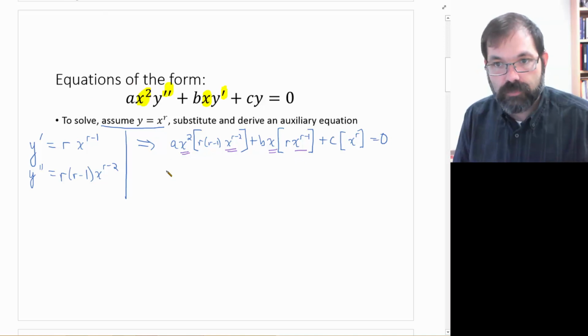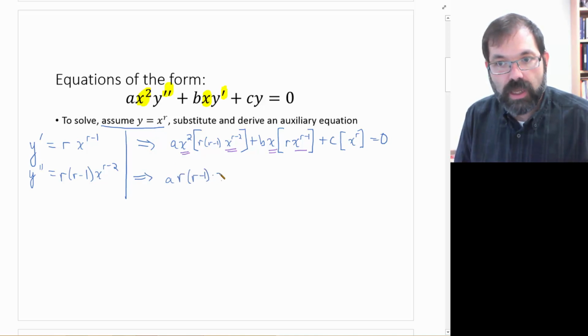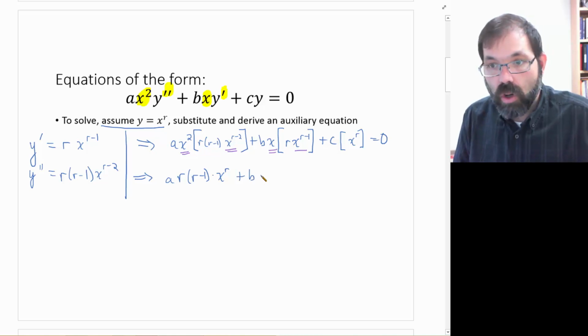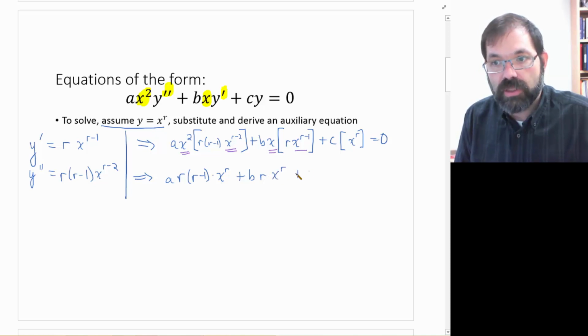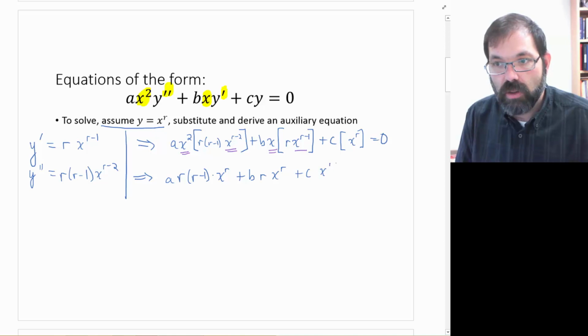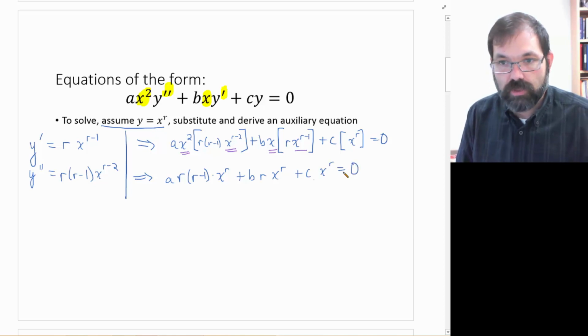So after simplification, we now have a times r times r minus 1 times x to the r, plus b times r times x to the r, plus c times x to the r, and we need this to equal 0.